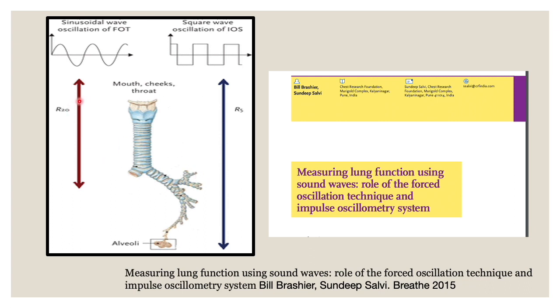Similarly, the frequency modulated waves of higher frequency like R20 can only reach up to a depth, so only serve the large airways, whereas the AM modulated frequencies, the lower frequencies or R5 frequency, can actually penetrate up to a large distance. So this beautiful analogy that he's used helps us to remember the R5 and the R20 equation.